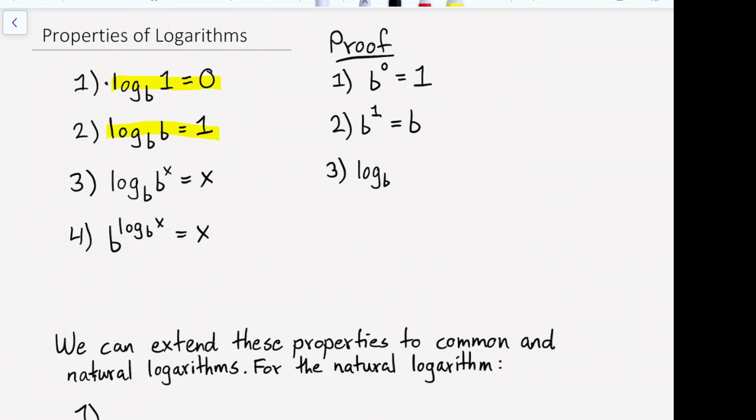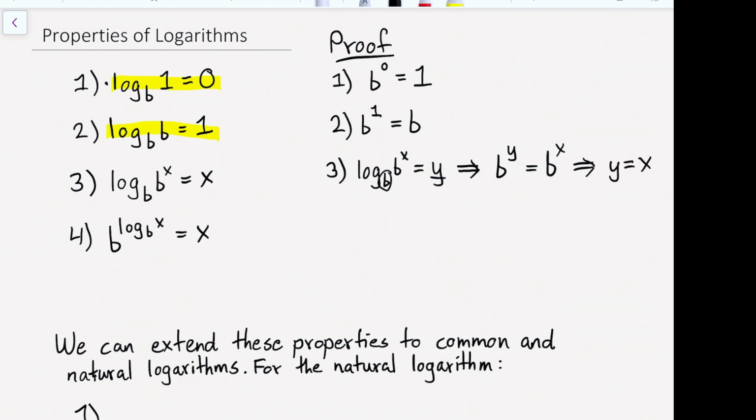number 4. So let's take number 3 and let's say log b of b to the x is some output value y. We don't know yet what it is. What are we saying here? If we convert this to exponential form, we are saying b to the power of y, the base to the power of the output value, equals the input, which is b to the x.